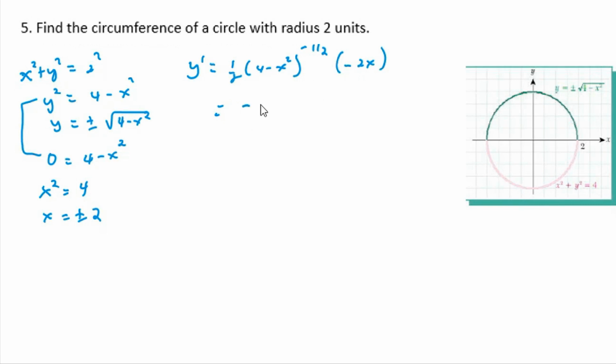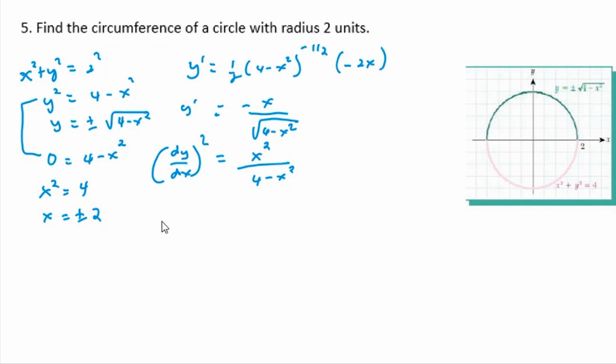So I can just write here negative x over the square root of 4 minus x squared. This is now the y prime, or we could write dy over dx. Then we're going to square that one. The square of negative x will be positive, so we have positive x squared over the square of the denominator, which gives us 4 minus x squared.